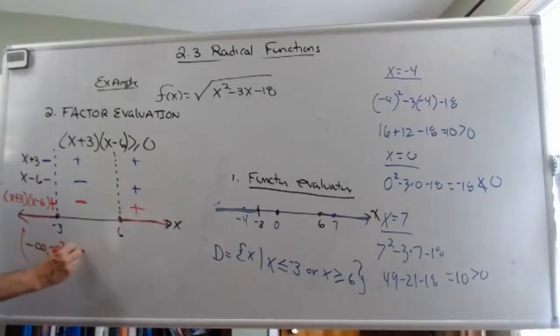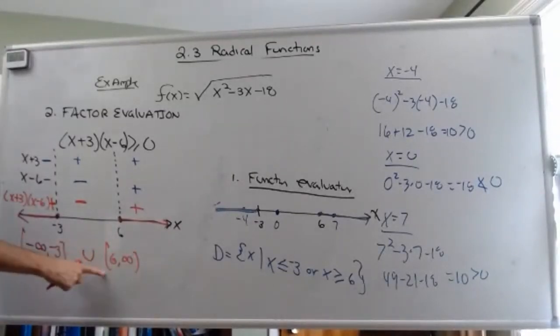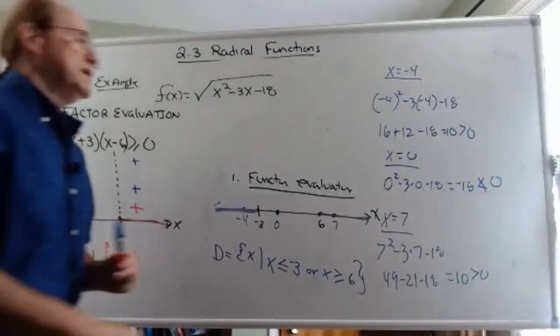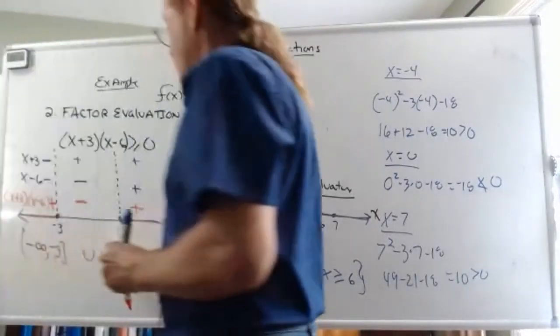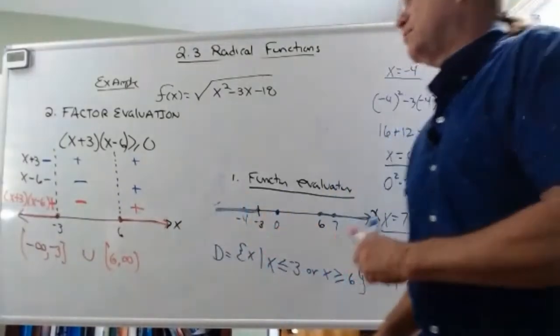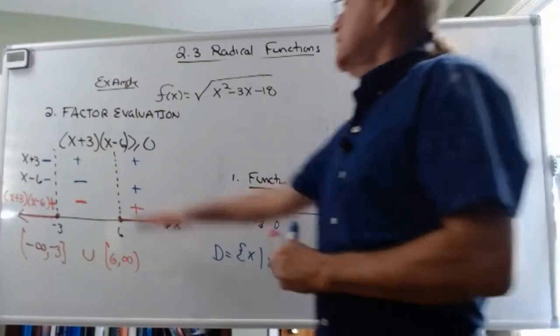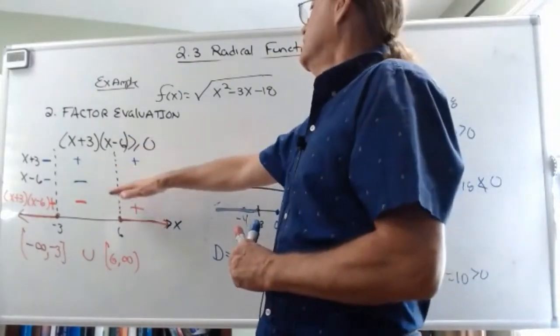That's that one. Union over here, +6 up to +infinity. And I include, with the brackets there, the endpoint here. Plus or minus infinity is never included. You never have a bracket around it because it's kind of limiting. But that's how you look at it this way.